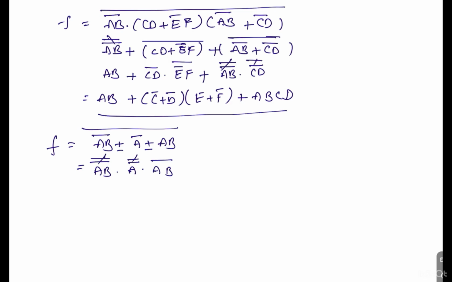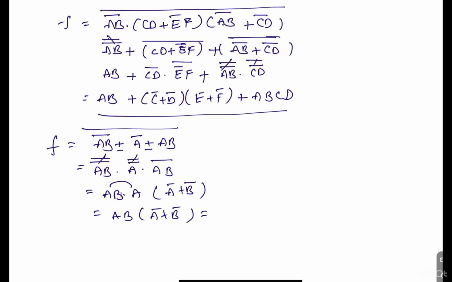So these two bars will get cancelled. So you can write it as ab, and again ab dot a. This can be written as a bar + b bar. So ab dot a dot a can be written as a. So here this can be written as ab(a bar + b bar).